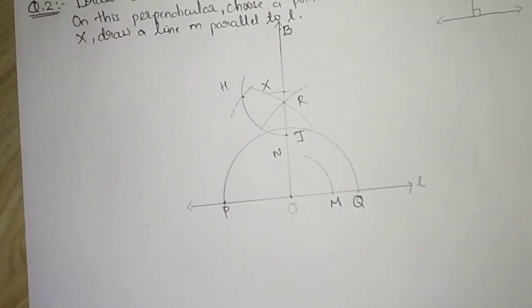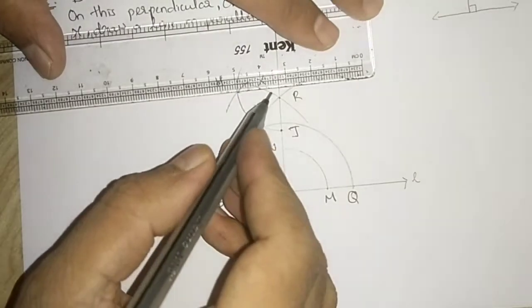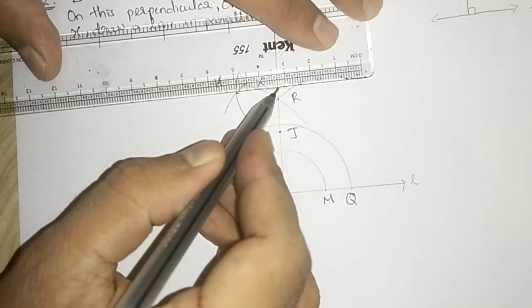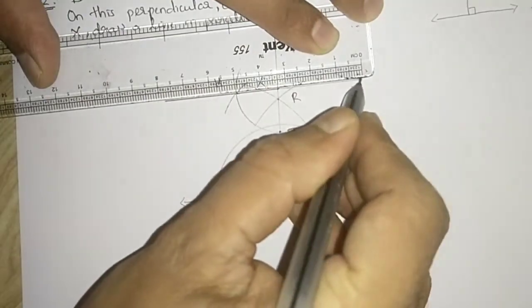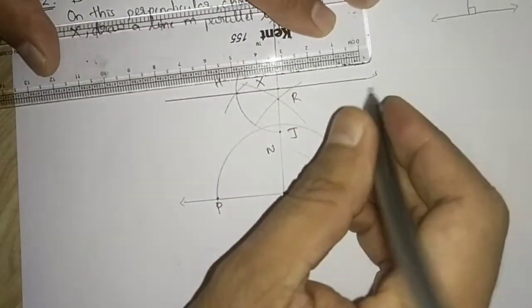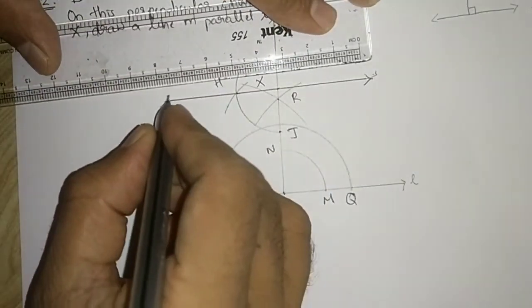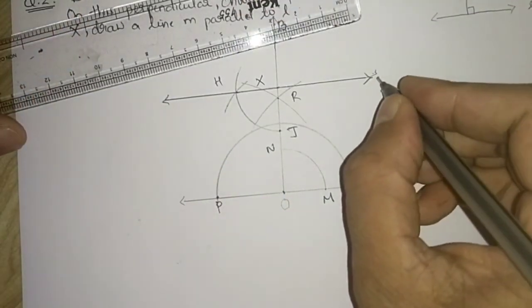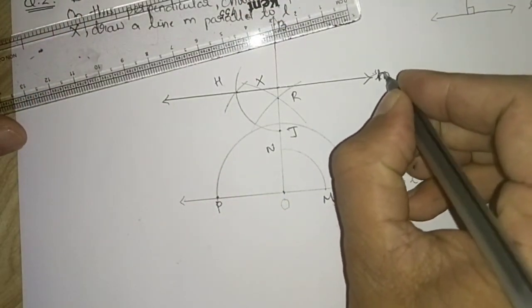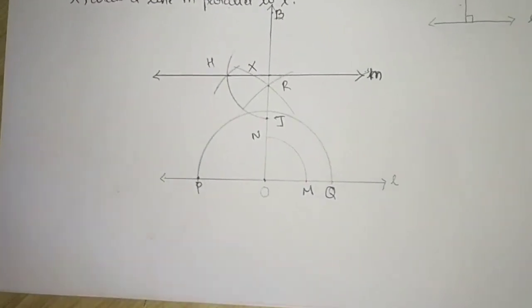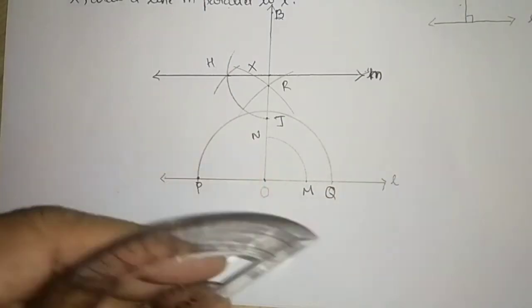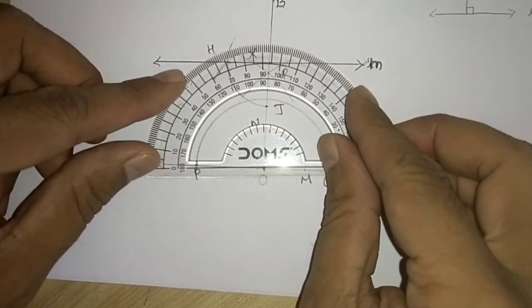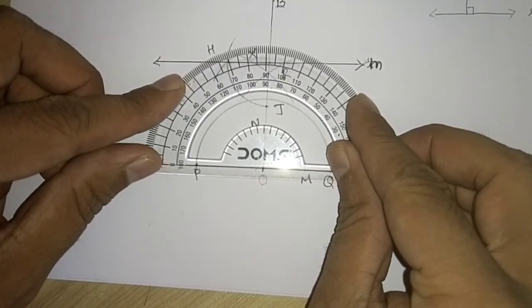Now if you join X and H and produce it further, we will get our required line, that is line M. This is our line M. But wait, are they parallel? Let me check. We know that this is 90 degree perpendicular. Let me check if this is 90 degree also, because they have told perpendicular.